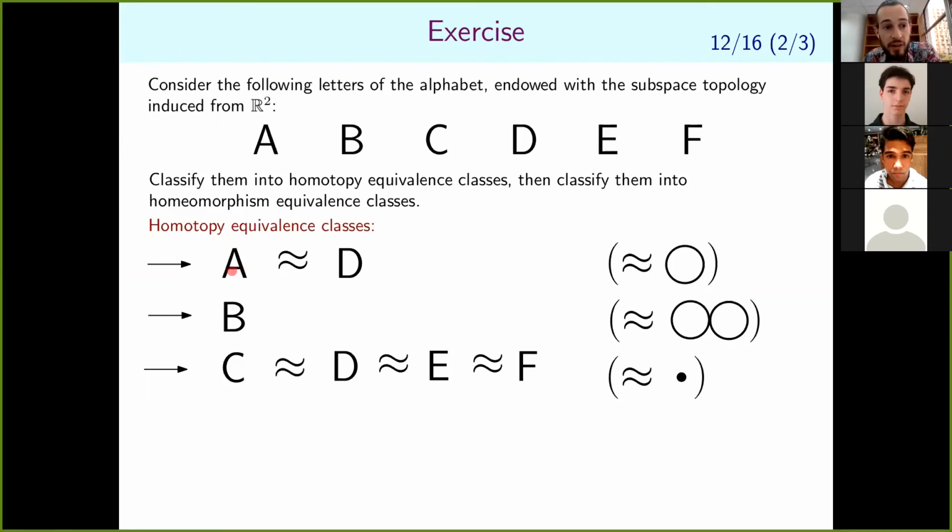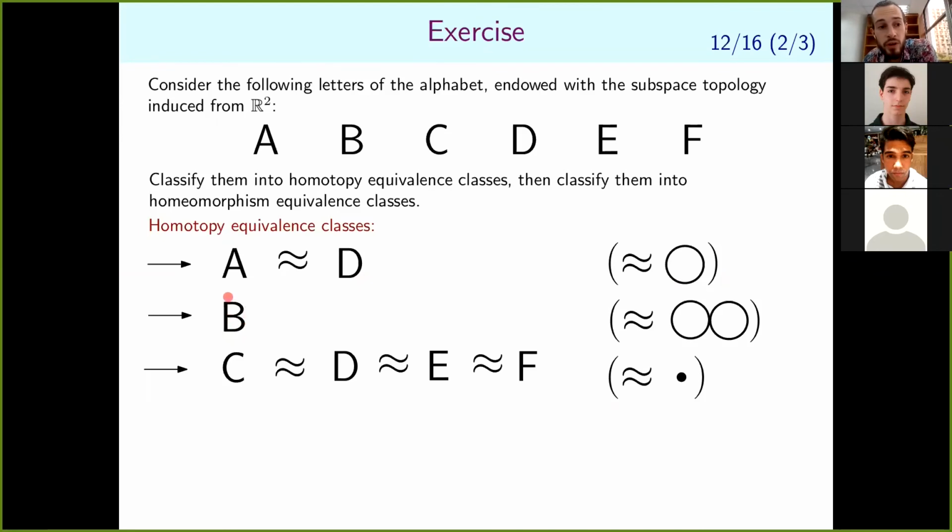Let me start with A. A is a circle because you can retract the 2 branches to obtain a triangle, and this is homotopy equivalent to a circle. This is even homeomorphic to a circle. And D also is homotopy equivalent to a circle because it is even homeomorphic to a circle. B, this is different.